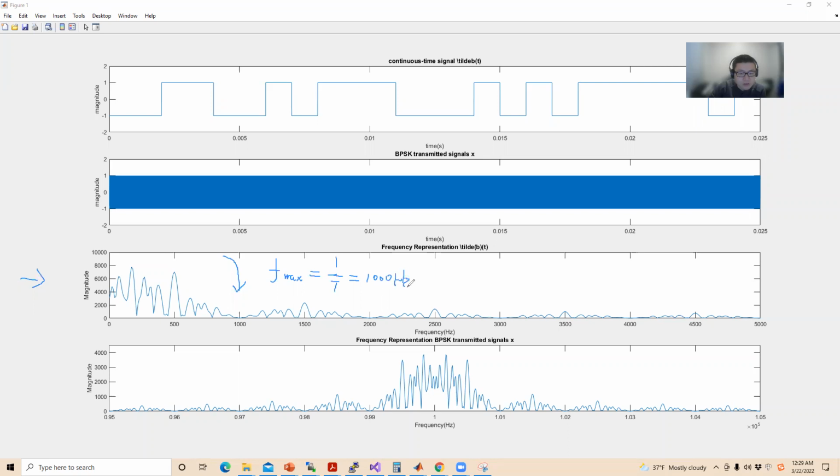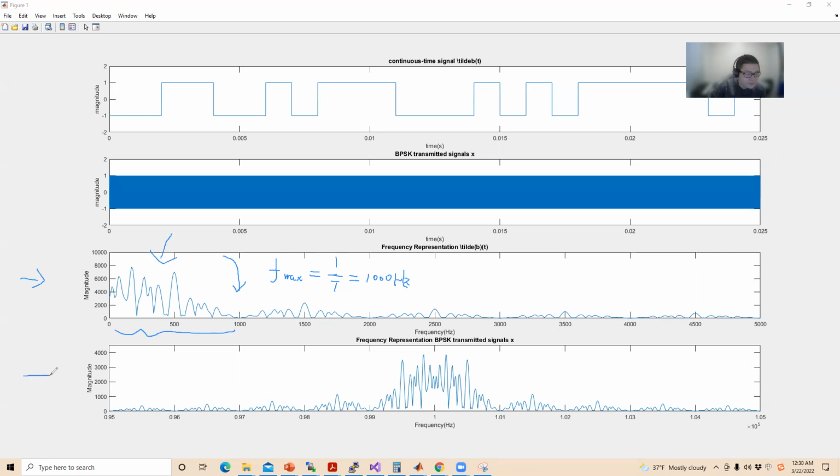So according to this frequency representation, most information is located in this range. Of course, there is some other information located in the higher frequency range. But I think the most important part is this part, right?